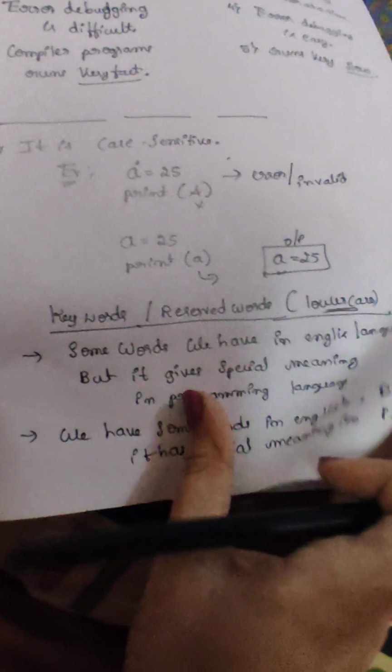So what are all the keywords we have in Python? For example, int, float, string. In Python we don't have a char data type. We don't have a character data type. We have only integer, float, string.